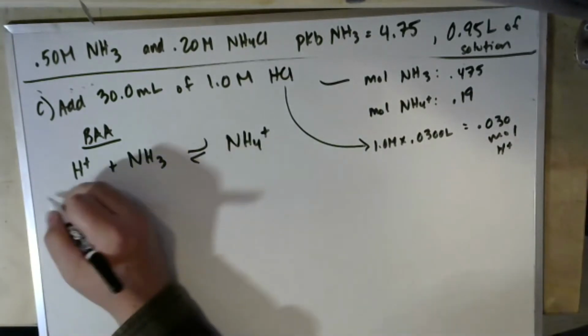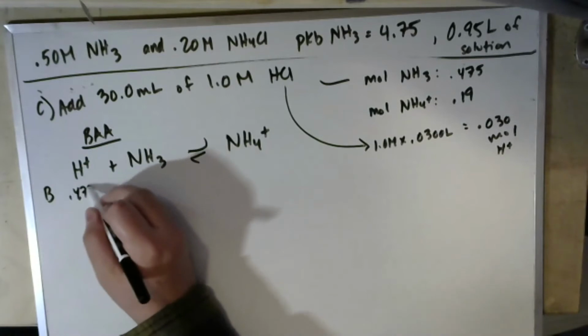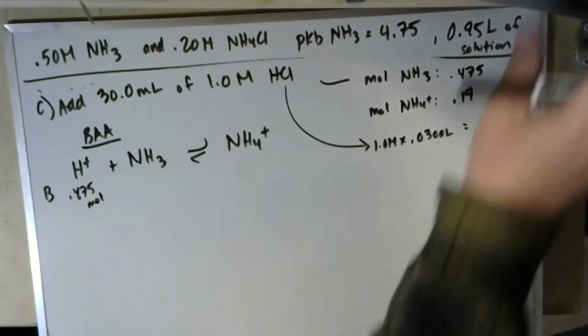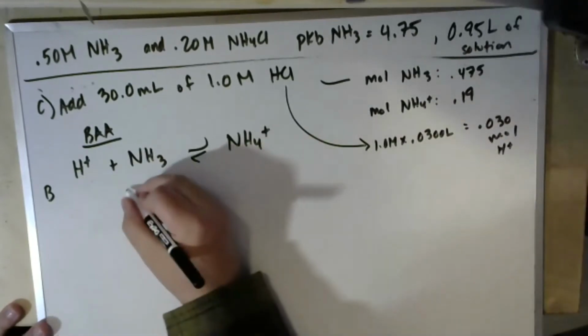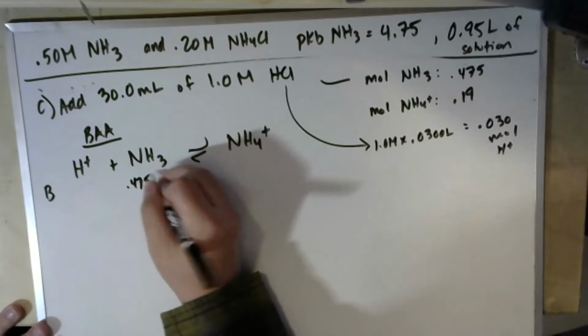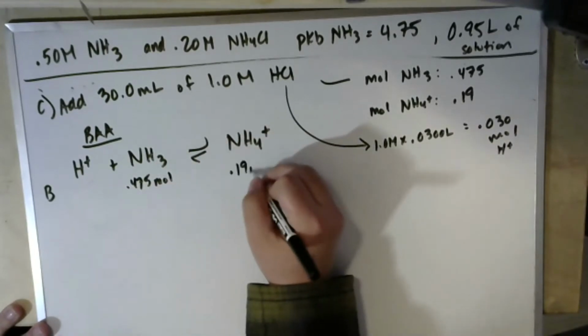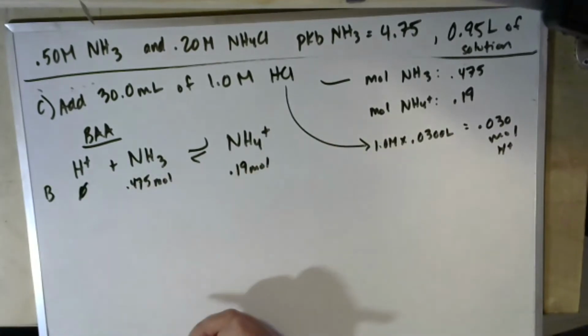All right. So before the addition, I have 0.475 moles of the NH3, and I have 0.19 moles of the NH4+. And I have none of the acid.